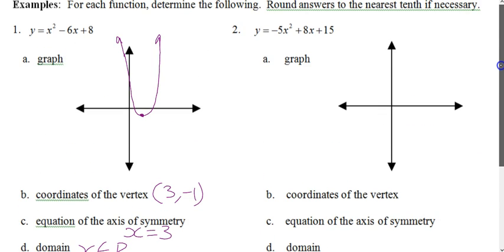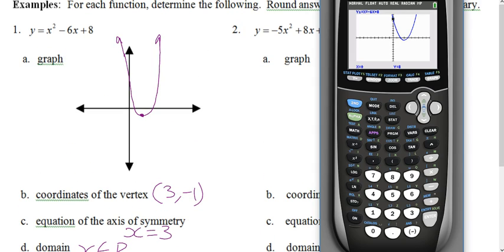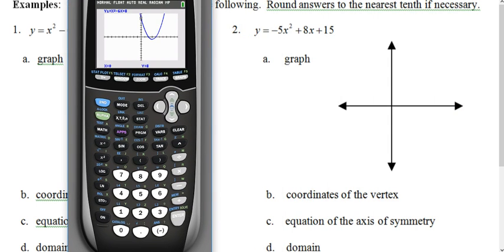What are the x-intercepts? Okay, no idea yet. So we're going to go back. So I'm going to go to y equals. I'm not going to clear this out. I'm just going to edit it. So I'm just going to go second insert and put in a -5 in front of the x squared.